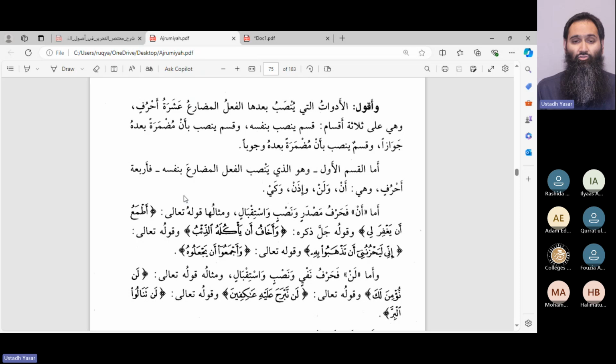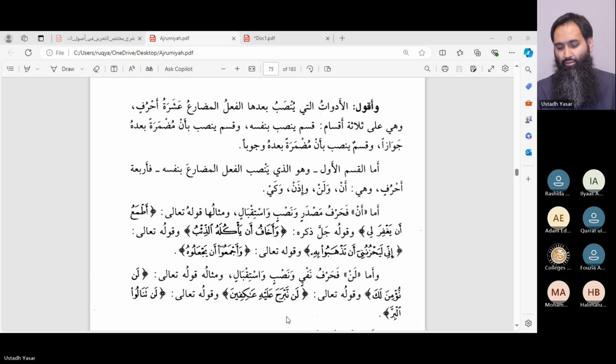Okay, look in this jumla. I want to ask you an extra question. Al-adawat, this is the mubtada. Where is the khabar in this jumla? This is how you begin to understand when you are reading something. This is why i'rab is very, very important. This is the whole reason we are studying nahu.